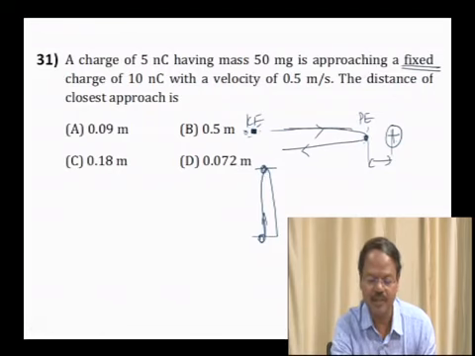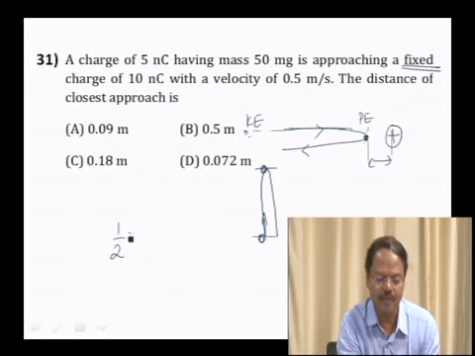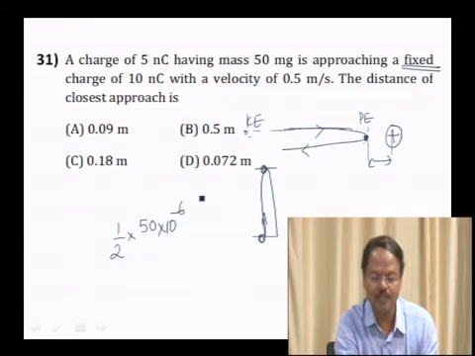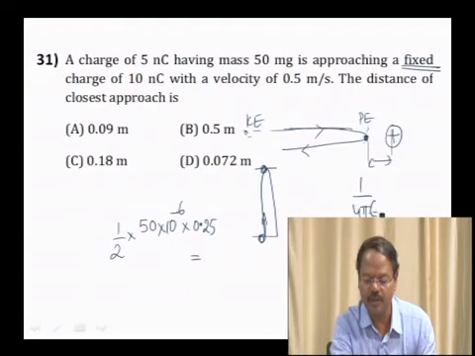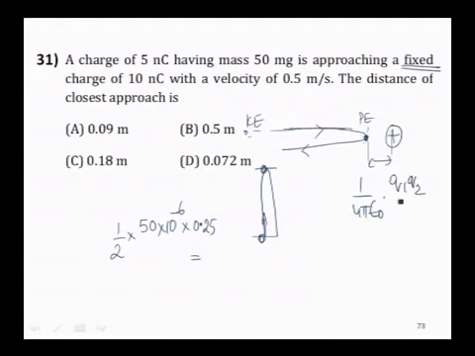So kinetic energy is half mv square, half mass is 50 milligram is 10 power minus 6 kg, v square is 0.5 square is 0.25. This should be equal to potential energy 1 by 4 pi epsilon naught product of charges by distance which you want. So 1 by 4 pi epsilon naught is 9 into 10 power 9, product of charges 5 nano coulomb into 10 nano coulomb divided by distance.